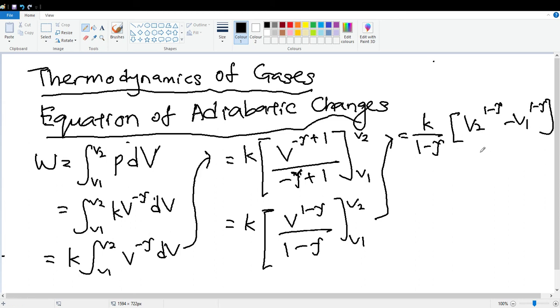So this is how we integrate V to the power of negative gamma, but the equation does not end yet.